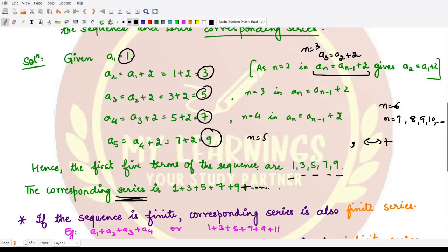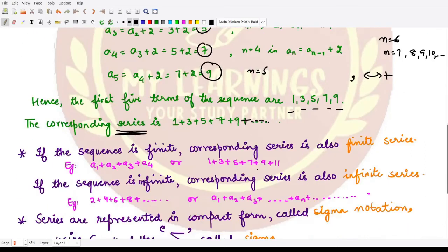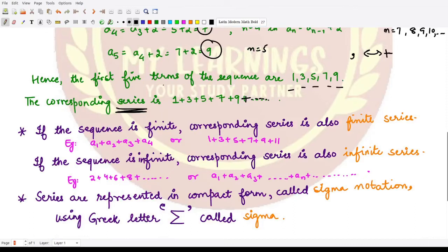Okay, so next, when can we say that the given series is finite or infinite? A given series is finite whenever the given sequence is finite, right? So we already know when a sequence is finite: whenever it has a finite number of terms, whenever the number of terms could be counted.